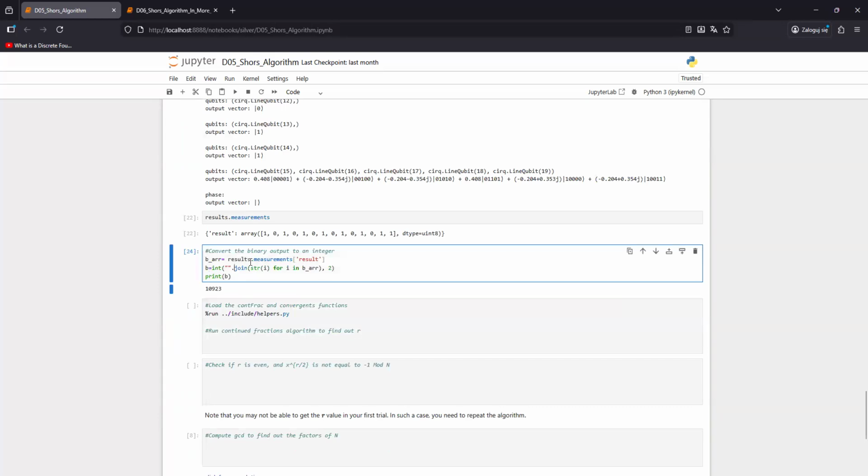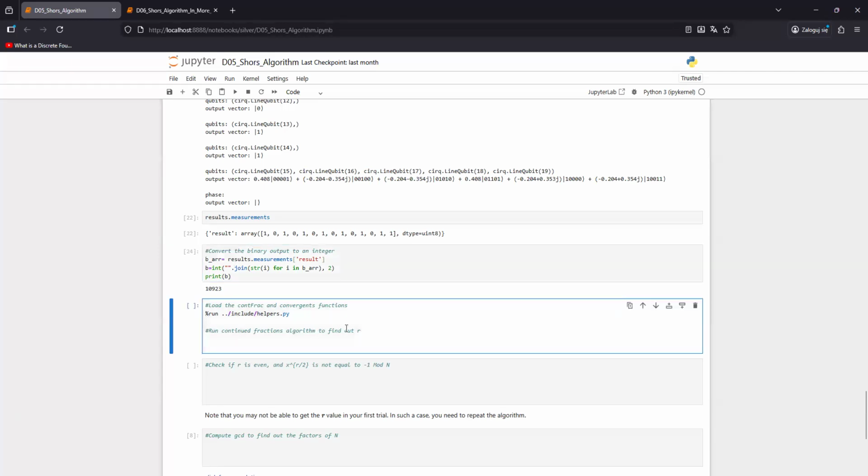So this is our results from the order finding algorithm. And now we need to use the continued fractions to find out the exact value of r. So here we have s divided by r.